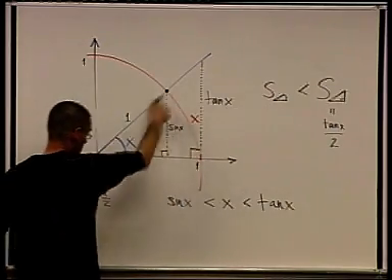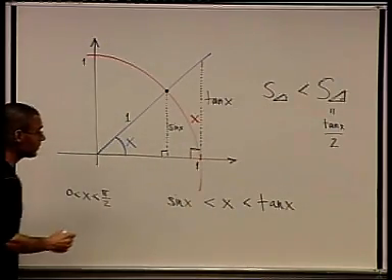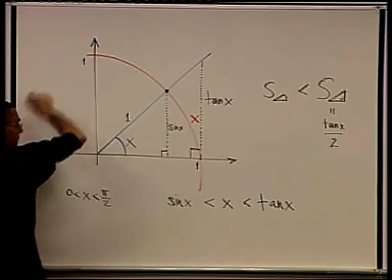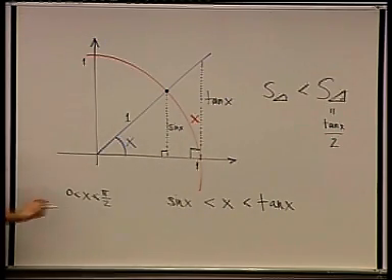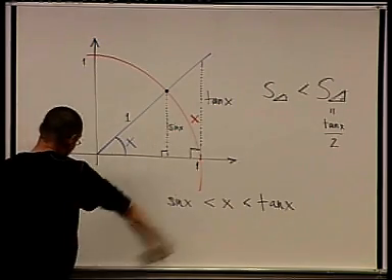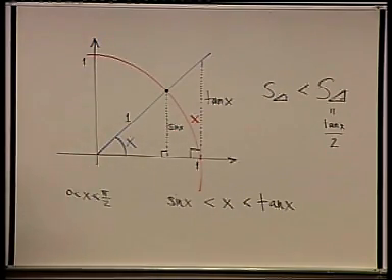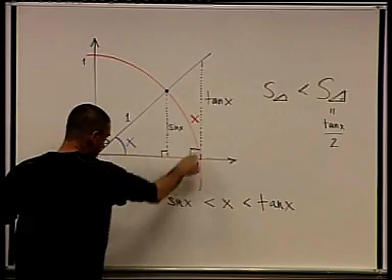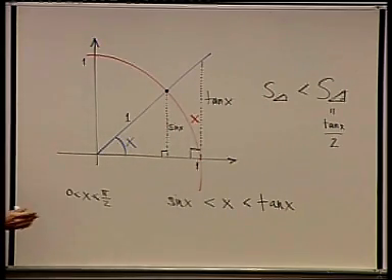What's the area of the slice of the pie? Well, the area of the entire circle is what? The area of the entire pie is pi times the radius squared. So it's pi times 1 squared, so it's pi, right? And the slice is x over 2 pi of that area, right?